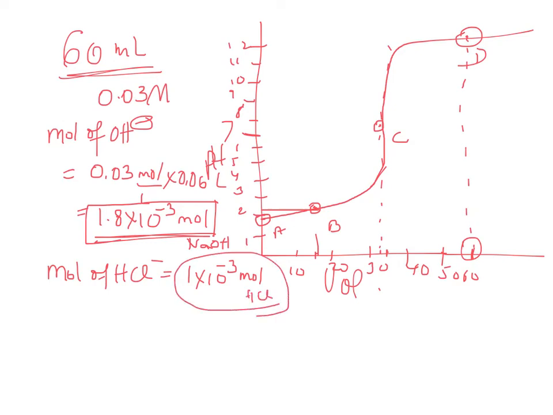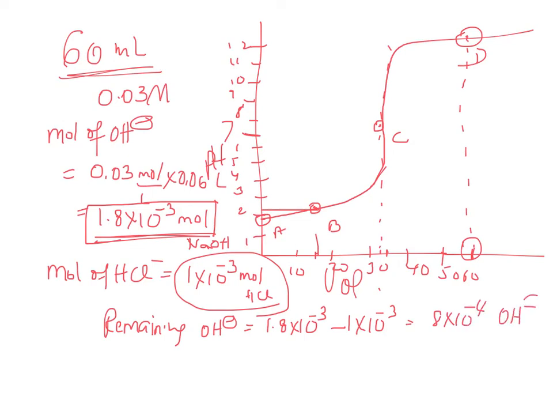So essentially you can say that HCl became your limiting reagent. And so in such a scenario you would ask, what is remaining? Remaining OH negative. Now you take the difference between the two, 1.8 times 10 to the negative 3 minus 1 times 10 to the negative 3, so 8 times 10 to the negative 4 moles of the hydroxide is present.